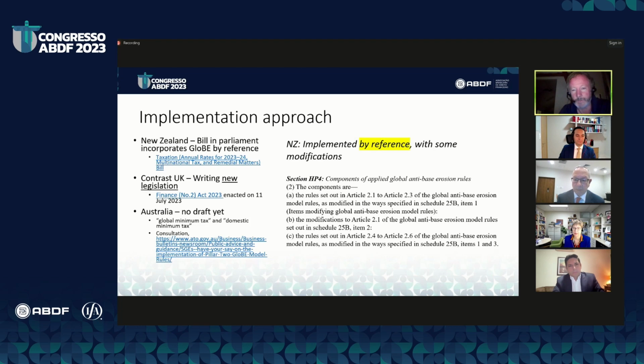They tend to be both over-inclusive and under-inclusive in their scope. They're difficult to administer and often become a source of further tax planning at the margins.